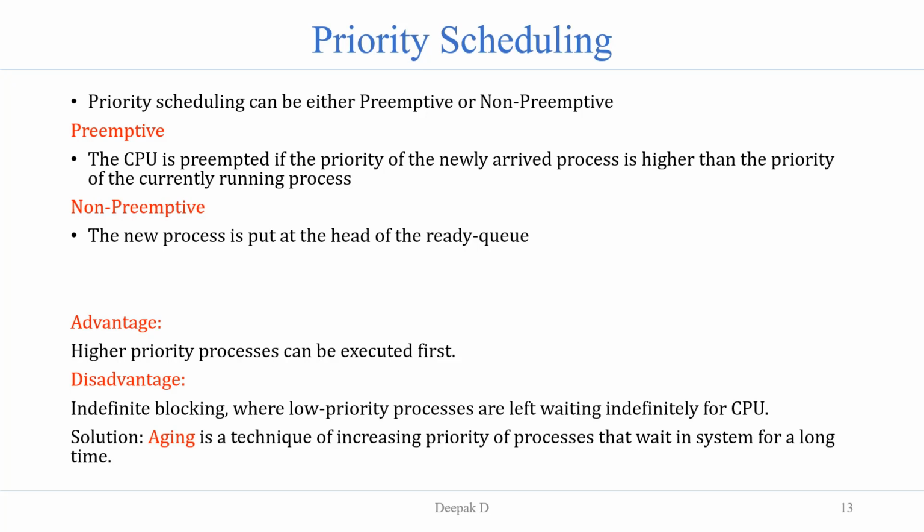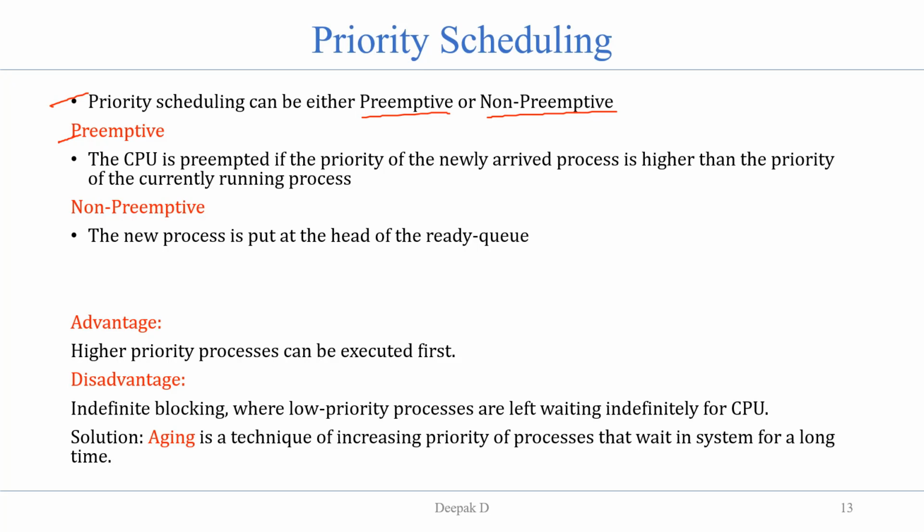Now priority scheduling can be either preemptive or non-preemptive. What do we mean by preemptive? If the CPU is executing a process and any other process has higher priority than the one currently executing, the CPU is taken from the currently executing process and given to the higher priority process.